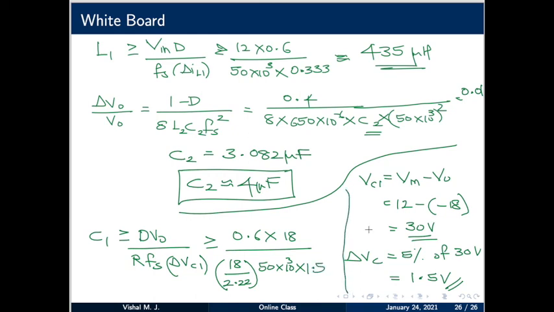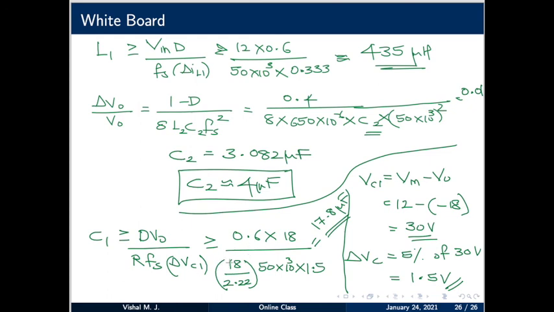If you calculate it, this will be equal to 17.8 microfarad. So choose a value higher than this, maybe 18 or 20 microfarad, then you can guarantee that the ripple voltage will never exceed 1.5 volt.